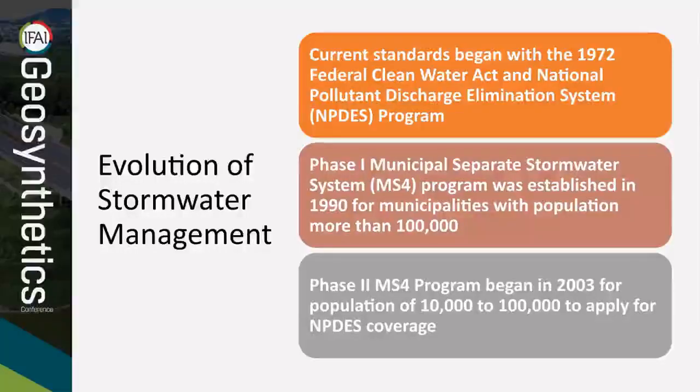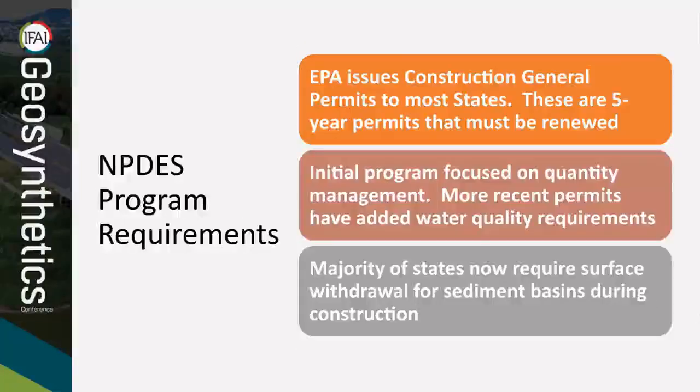So current stormwater standards began with the 1972 Federal Clean Water Act and National Pollutant Discharge Elimination System Program, or NPDES program. The Phase 1 Municipal Separate Stormwater System Program, or MS4 program, was established in 1990 for municipalities with population of more than 100,000, and the Phase 2 MS4 program began in 2003 for populations of 10,000 to 100,000 to require coverage under NPDES program.